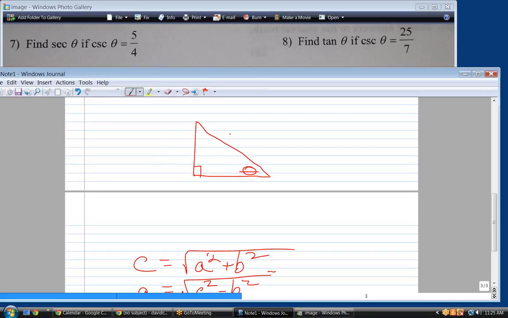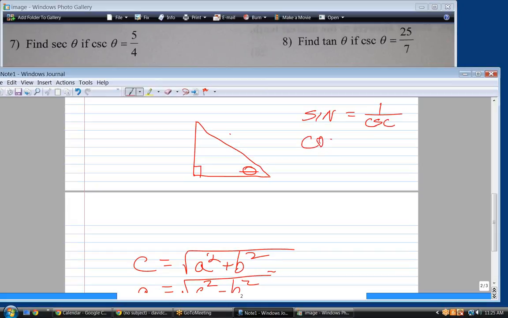Cosecant is reciprocal of which one? Is it sine? Let me show you how to memorize this. Because if there's anything you want to memorize, it's this stuff here. I know it's just the beginning of trig, and that's why you're using your book, but you want to have these down pat.